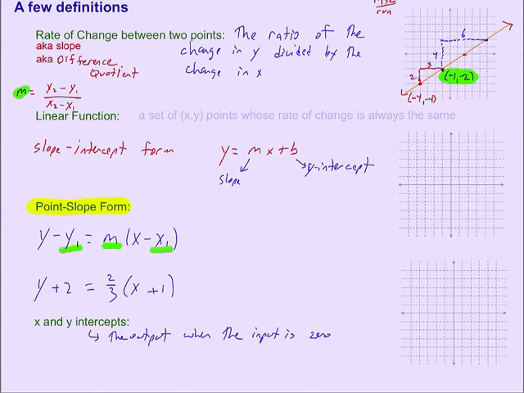In other words, it is f of 0. That is the y-intercept. And the x-intercept is the input whose output is 0.